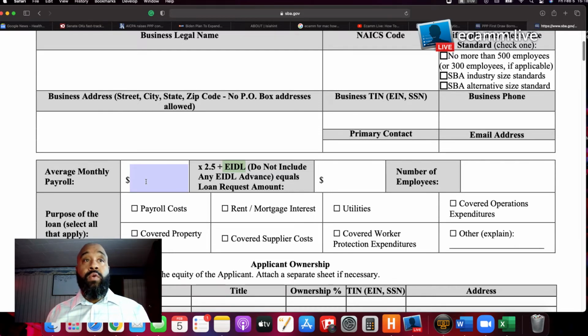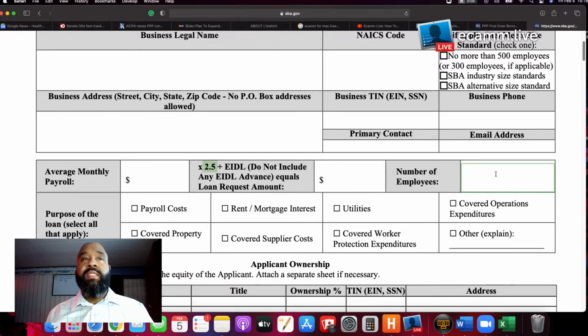If you divide that total cost by 12, the number of months in a year, you're going to get 8,333. 8,333 times 2.5 is 20,833 maybe, or 20,333, I can't remember. Then you're going to add that to your EIDL amount. So you would then be eligible for 65,000. Okay?